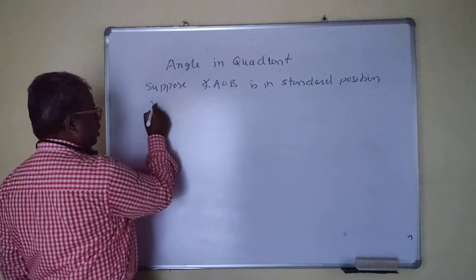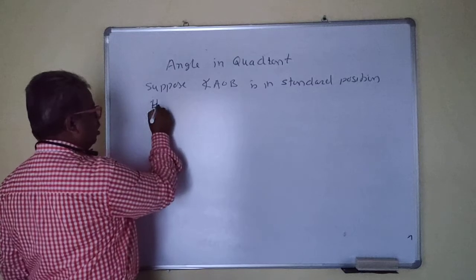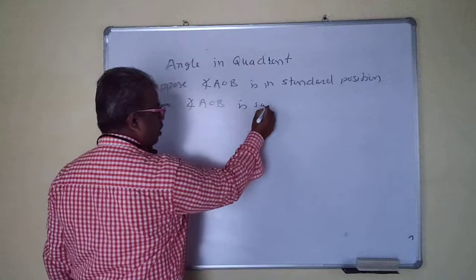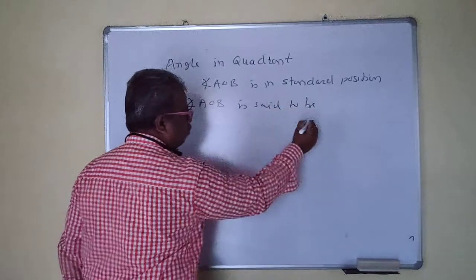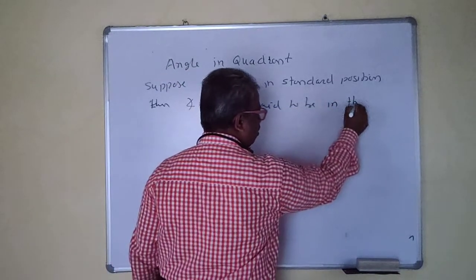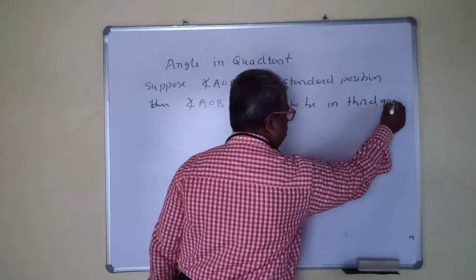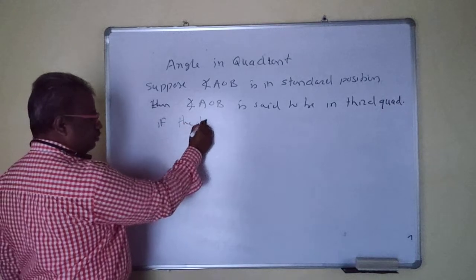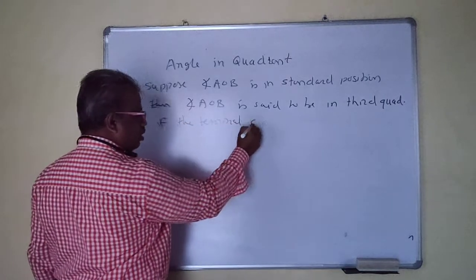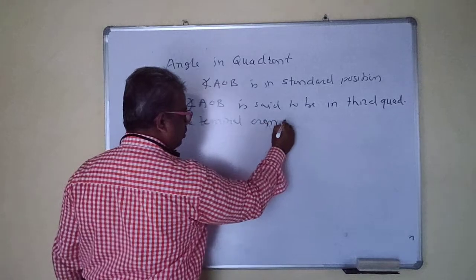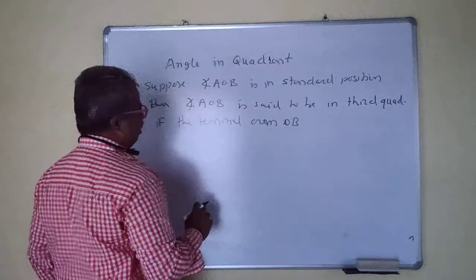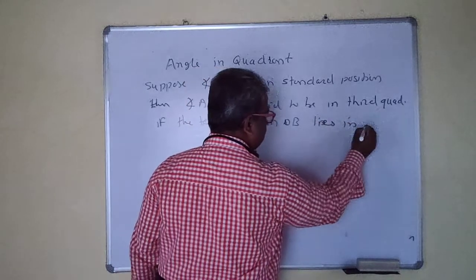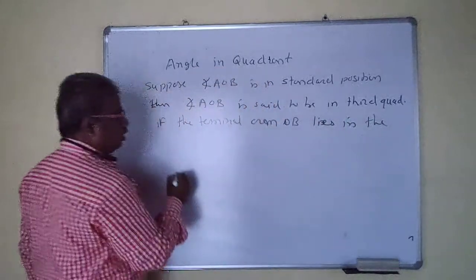Then directed angle AOB is said to be in the third quadrant if the terminal arm OB lies in the third quadrant. Just write terminal arm OB, don't say ray OB.